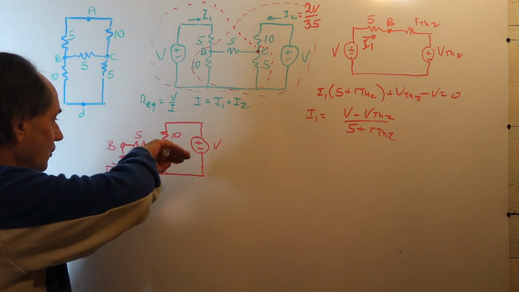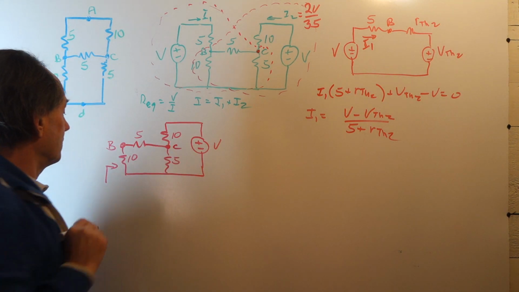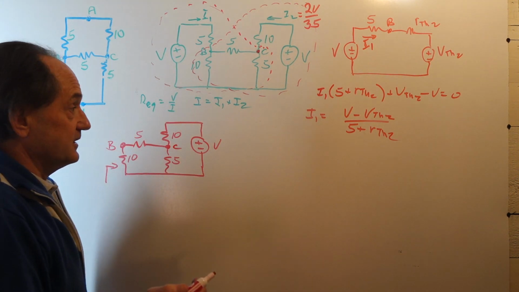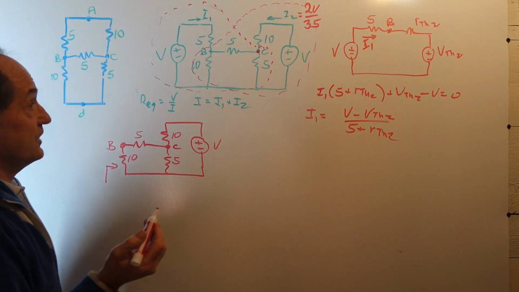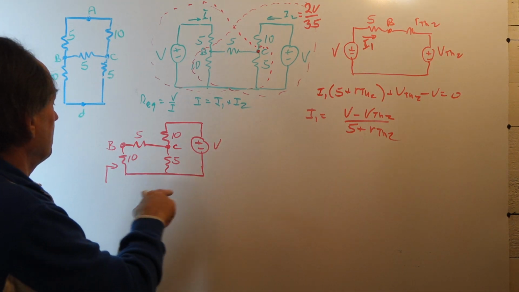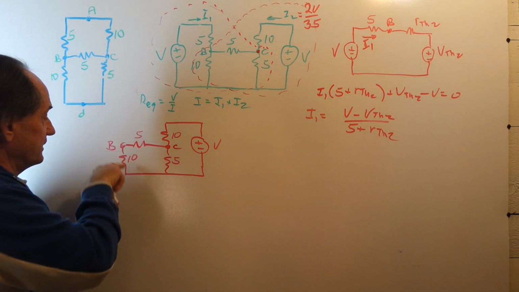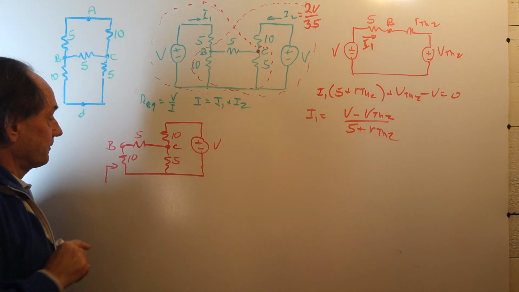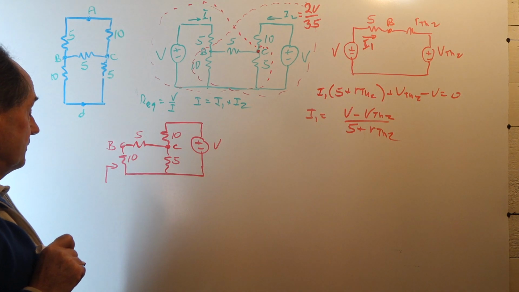Well, looking in here, there's node C. We first want to find VTH2, which is the open circuit voltage across the network here at the 10 ohm resistor.